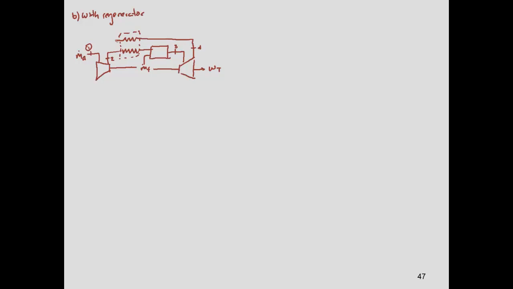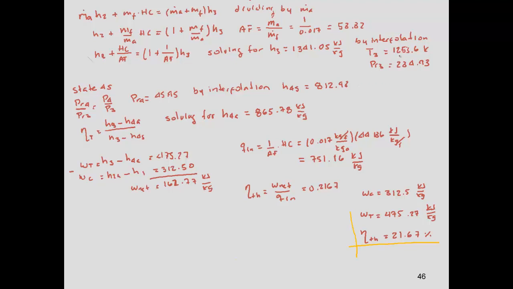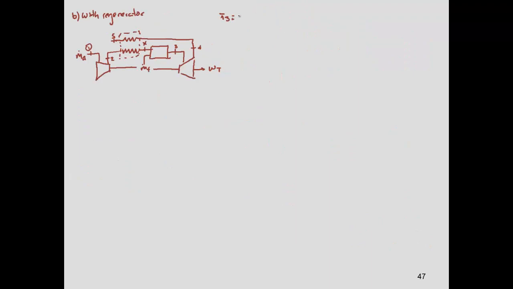We have a state 5 here, and we're going to introduce this state X. So for T3, we need to keep the same T2, the same value that we found before. With this we have H3 and PR3 be the same.